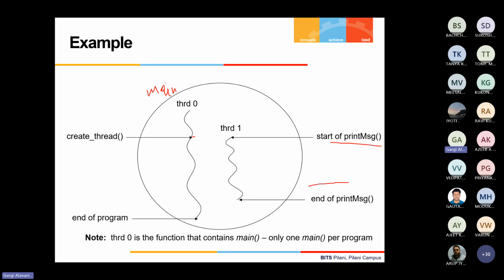Once the print message is done, it will come to join. Once the join happens, this thread goes back or stops and joins the main thread. And now only the main thread will execute.